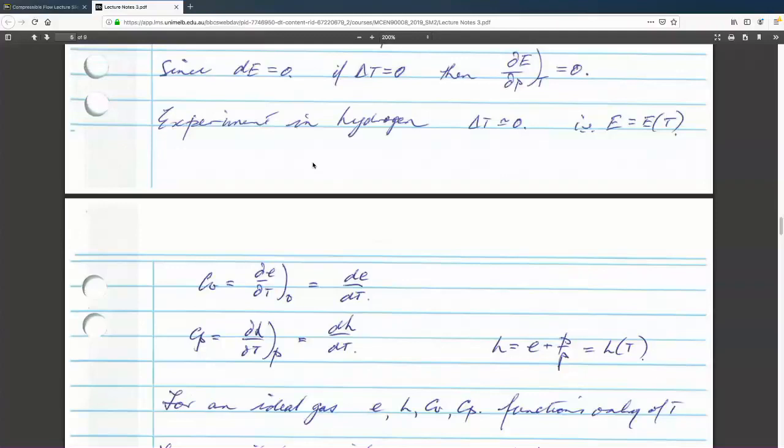So we can say immediately that for a perfect gas, H is only a function of temperature. And so this dH/dT at fixed pressure simply becomes dH/dT. H is only a function of temperature. Now that's magic.